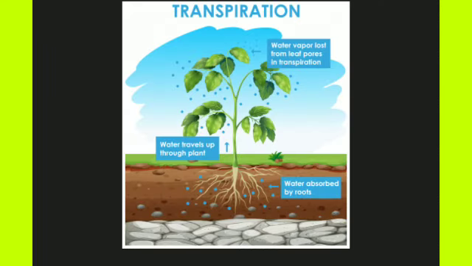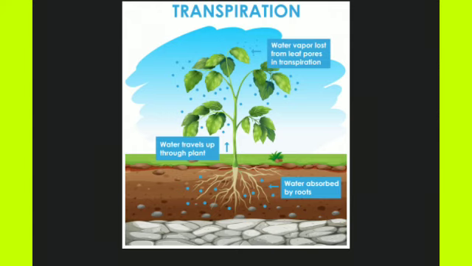Next is transpiration. Transpiration is a process in which plants lose water through the stomata in the form of water vapor. This results in water loss in the cells of the leaves and creates a pressure. The pressure helps to pull the water from the roots through the xylem of the stem all the way to the leaves.